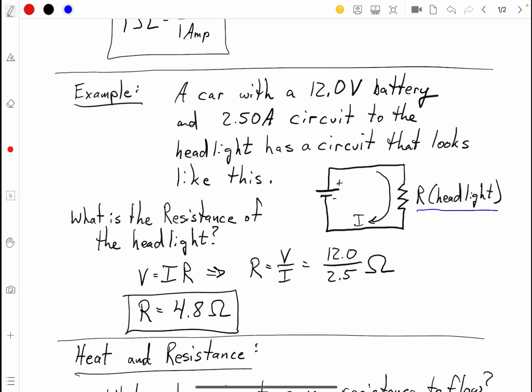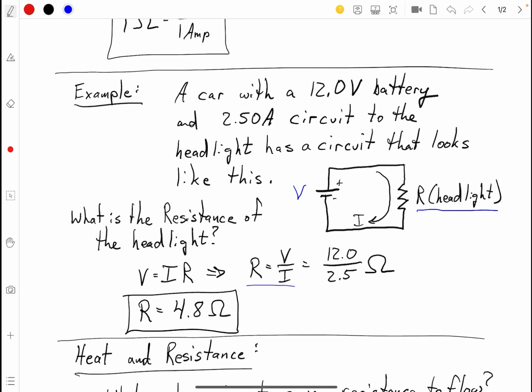We've got current flowing through this thing, and we know that we've got some voltage for the battery. And we're going to discount the EMF situation here. We're just going to do our voltage. So all we have to do is figure out what is the resistance of the headlight?